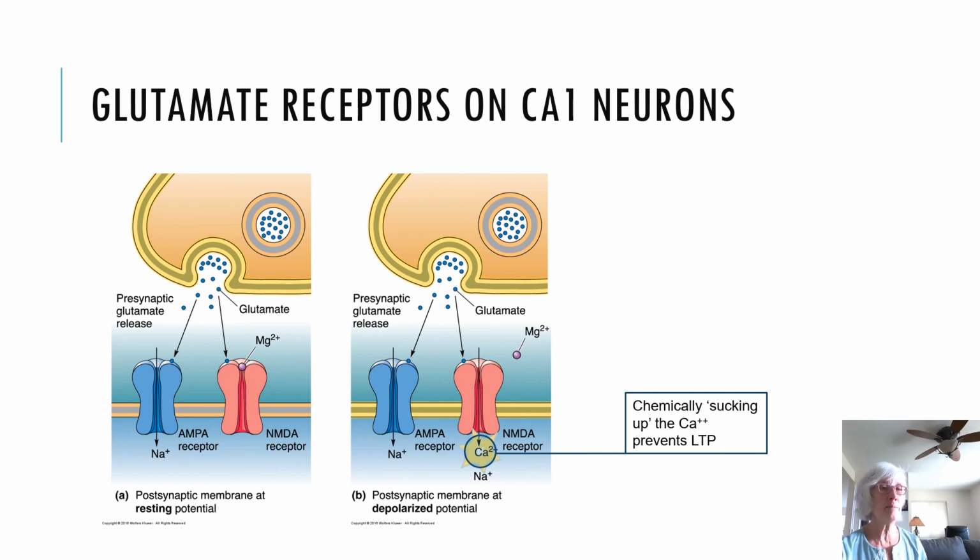And if we bind up that calcium and not let it run amok inside of the CA1 cell, we do not have long-term potentiation. So the NMDA receptor and the calcium that moves through it is critical for long-term potentiation.